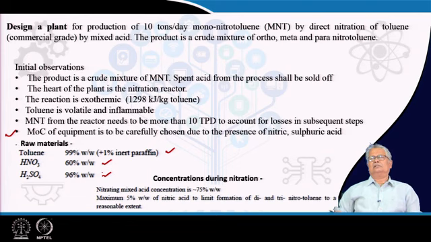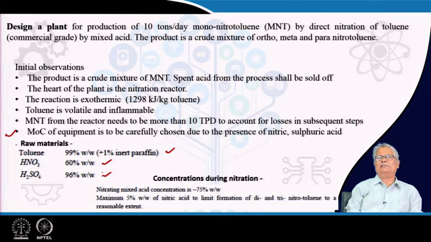During nitration, the literature says that there are quite a few conditions. The nitrating mixed acid concentration is expected to be around 75%, because under this condition the rate equation for this reaction has been generated.